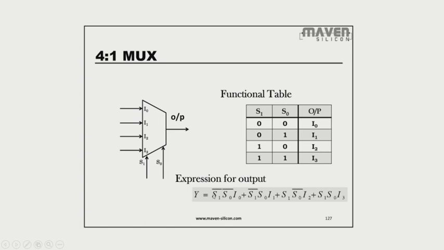From that idea, we can also implement a 4:1 multiplexer with the help of a decoder, as a decoder will produce all the possible minterms for its input variables. If we apply the inputs to a 2:4 decoder, then we get outputs like s1 bar s0 bar, s1 bar s0 and so on. So with the help of decoders, we can generate the minterms.